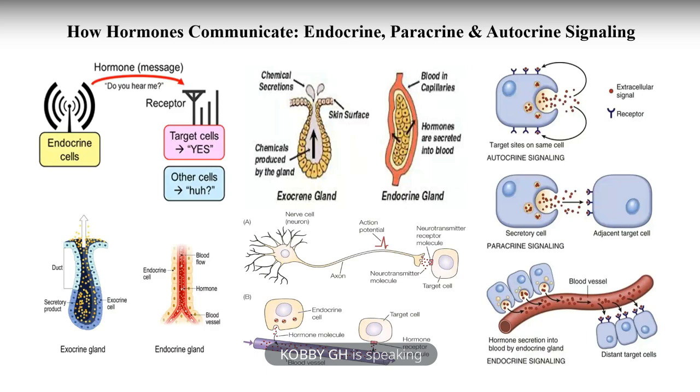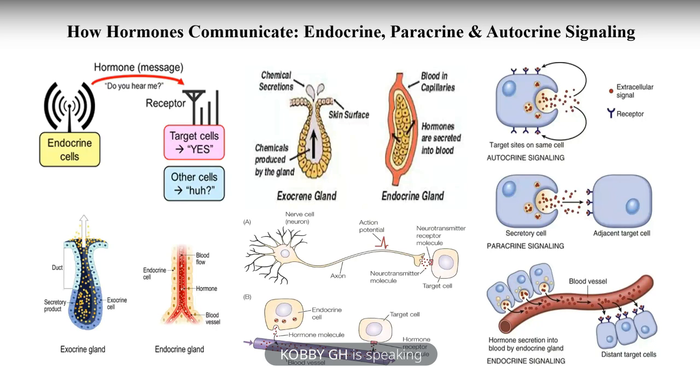So look at this gland. You see, it's producing a hormone. That same gland has receptors for its own hormone. It means the hormone is produced by the gland and works on the same organ itself. That kind of signaling or communicating, we call it autocrine signaling. It's like you are talking to yourself.